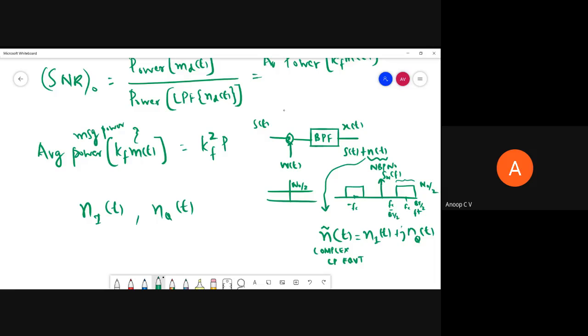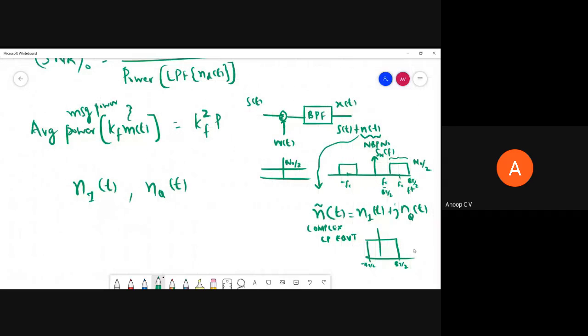So n tilde of t will be complex low pass. It will allow from minus Bt by 2 to Bt by 2. Because of this, ni of t and nq of t also will be low pass. I assume you know the difference between band pass and low pass or base band, right?